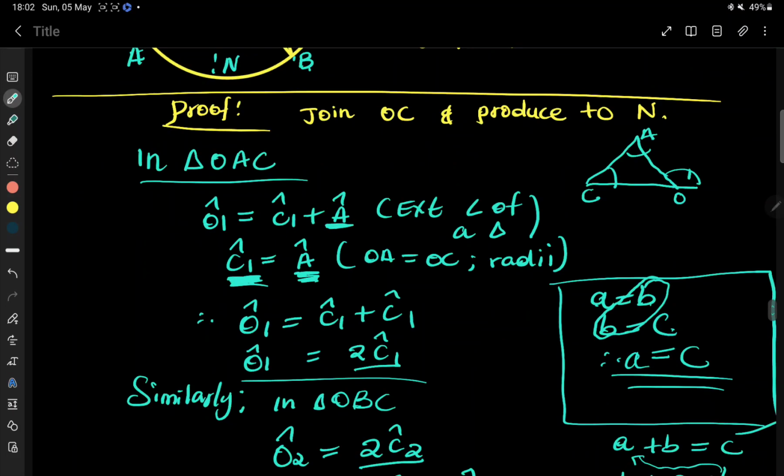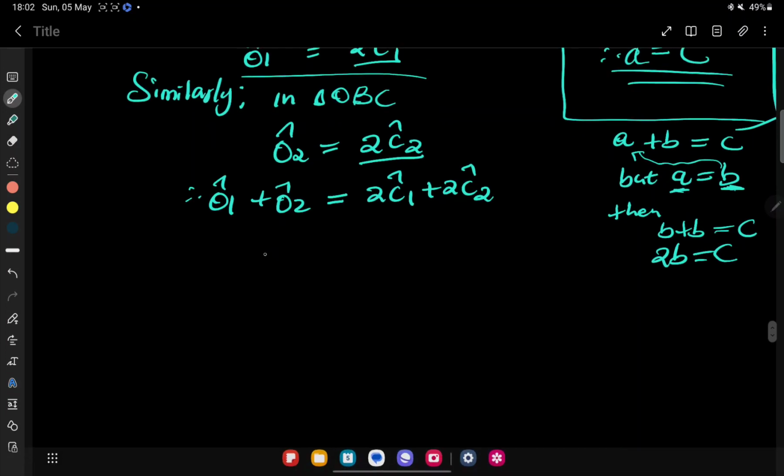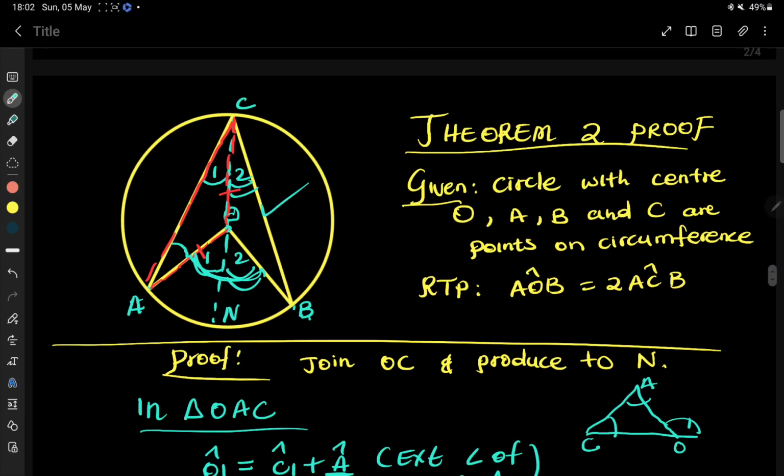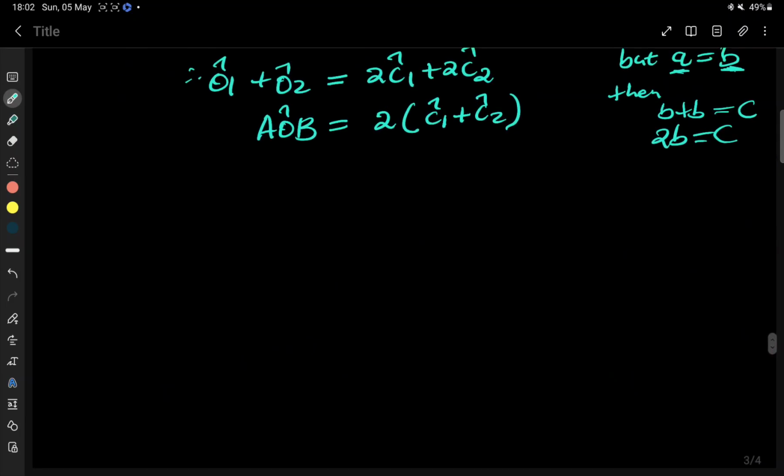Therefore, AOB is equal to 2 times, the common factor being 2, C1 plus C2. Then C1 plus C2 is known to be ACB. Then AOB is equal to 2 times ACB.